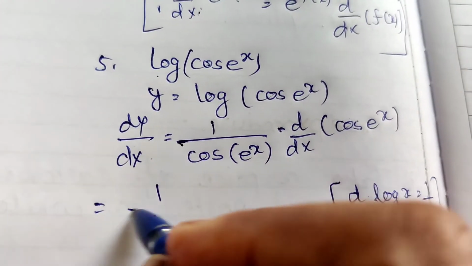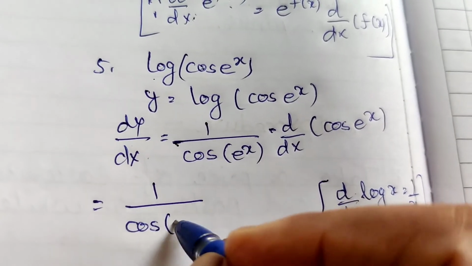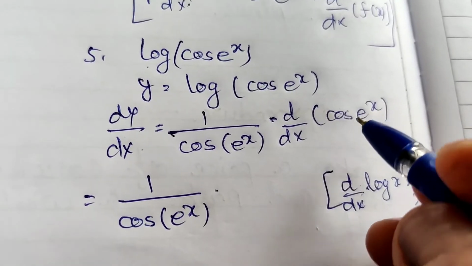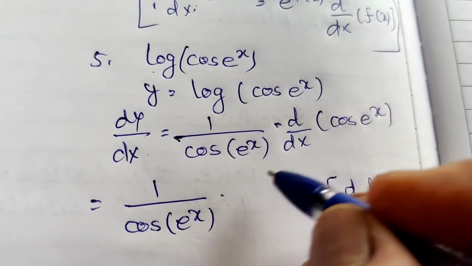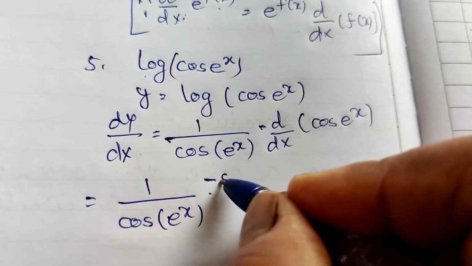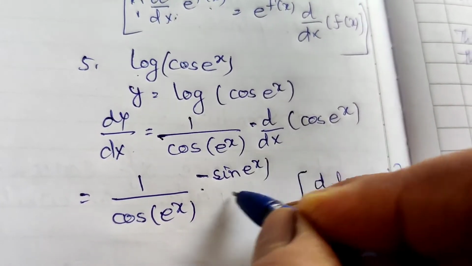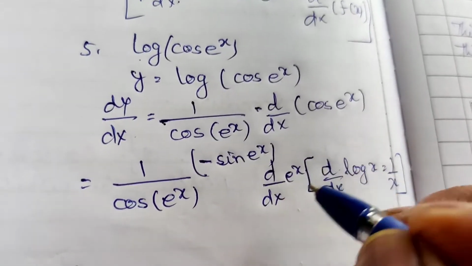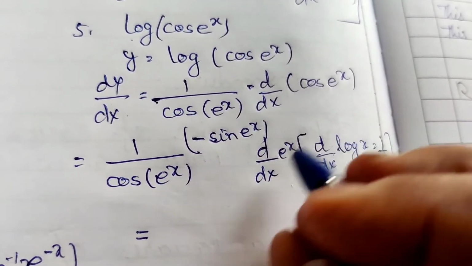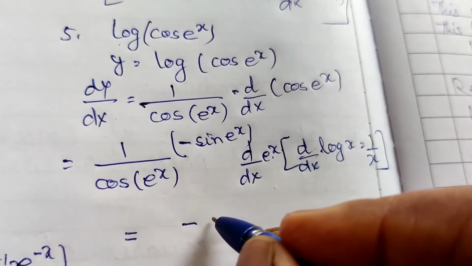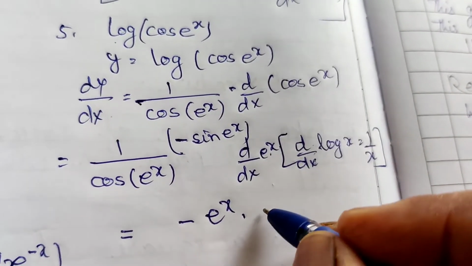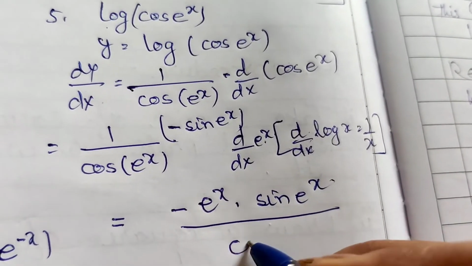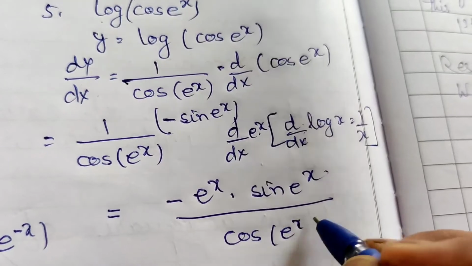Now again chain rule. Continue to apply chain rule till the differentiation of the last term is done. The differentiation of cos is minus sine e raised to power x, and d over dx of e raised to power x, and the last term is minus e raised to power x sine e raised to power x divided by cos e raised to power x.